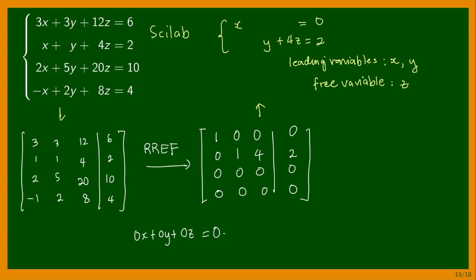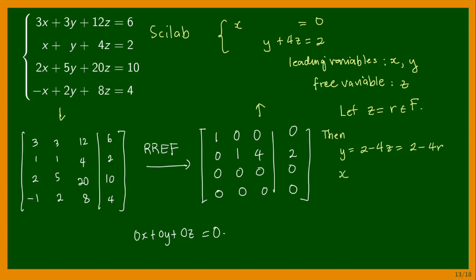Alright, so what do we do now? We assign a value for z arbitrarily, let's say r. Then from the second equation, y is 2 minus 4z, or 2 minus 4r.